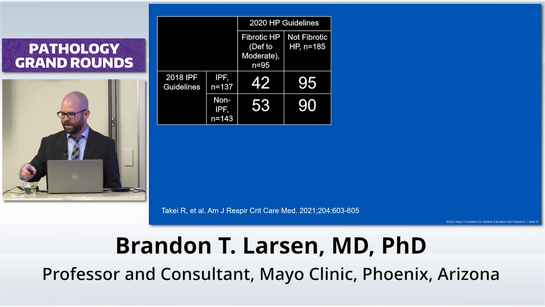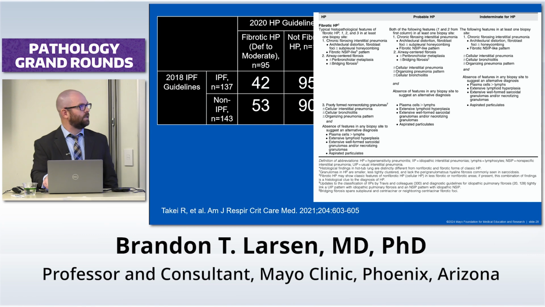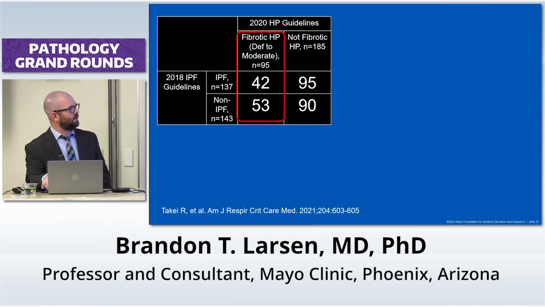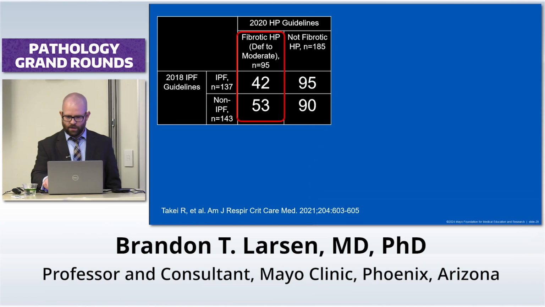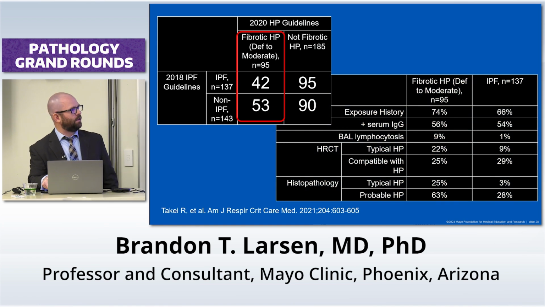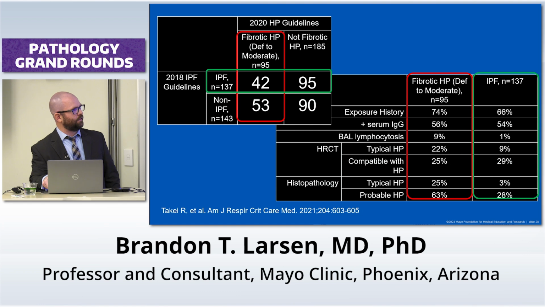So how is that possible that you can meet criteria for both diseases using these two guidelines? Take the HP guidelines and there they are. If you compare the clinical elements of fibrotic HP versus IPF patients in the green boxes shown here, you can see at the bottom the histopathology, typical or probable HP.